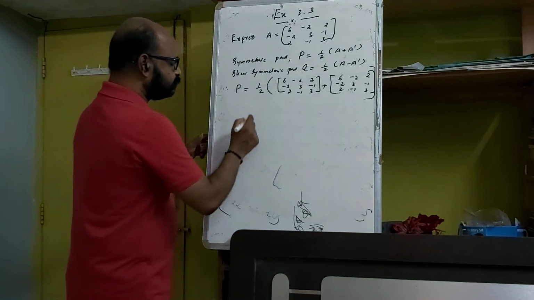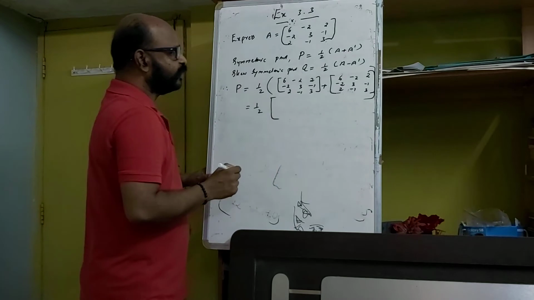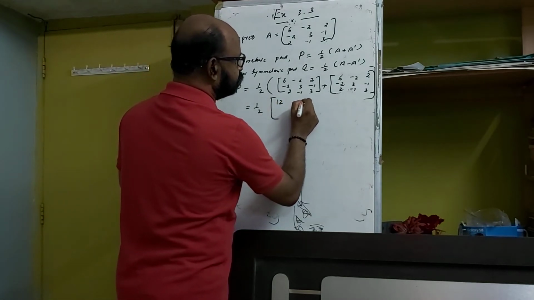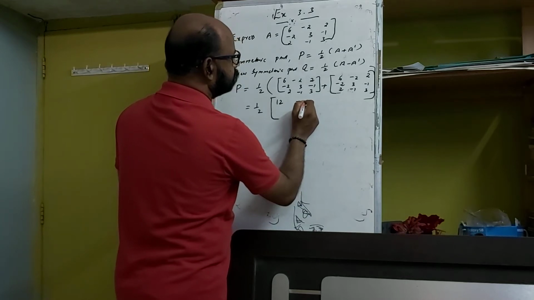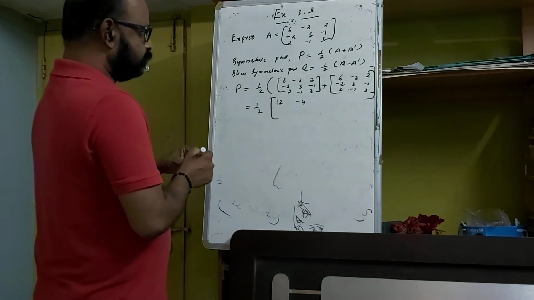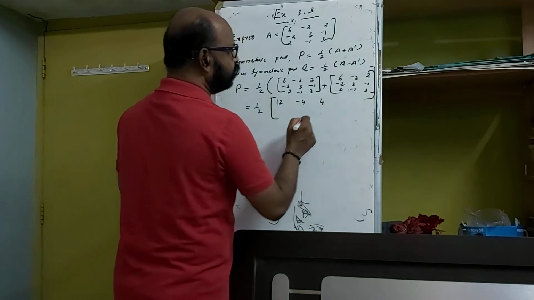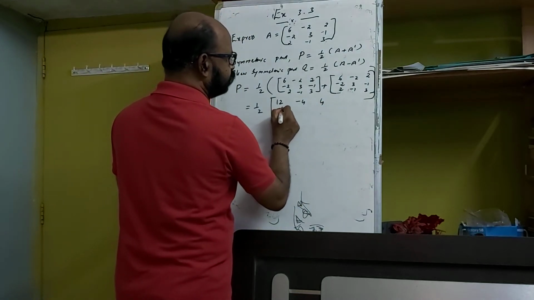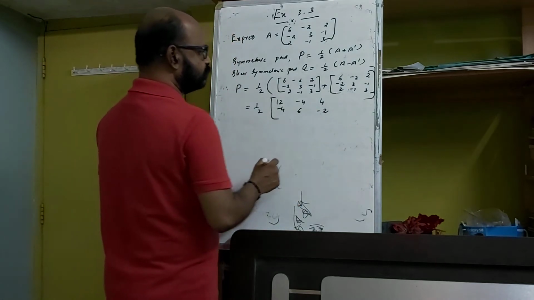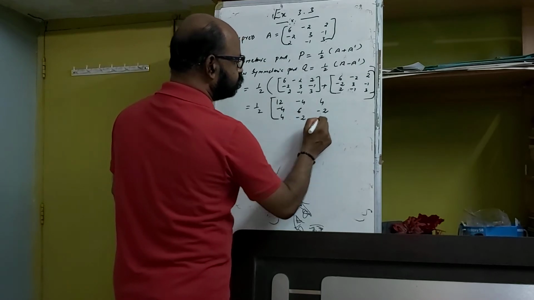Is equal to half into, adding the matrices, 12 minus 4 4, minus 4 6 minus 2, 4 minus 2 6.